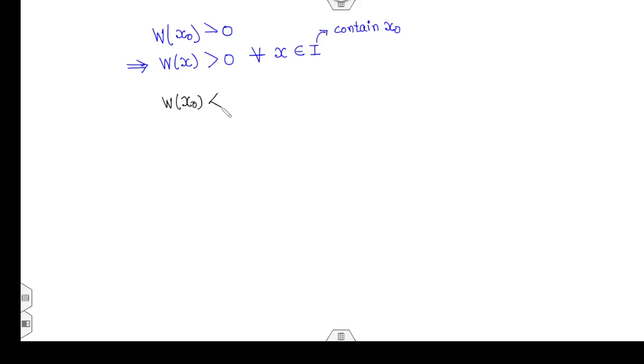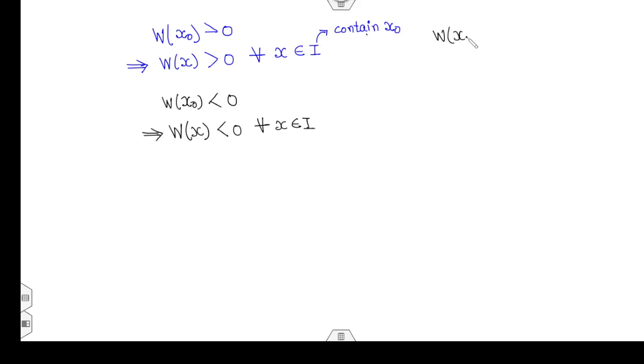If the Wronskian at the point x0 is positive, then the Wronskian at the point x is also positive for all x belonging to the interval I, and that interval I must contain the point x0, the point at which you have calculated. Similarly, if the Wronskian at the given point is less than 0, then the Wronskian at the point x is also less than 0 for all x in I, and that I must contain x0.